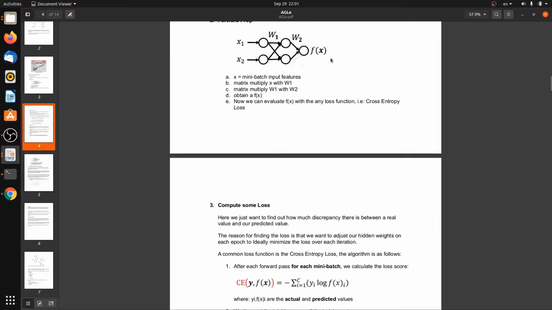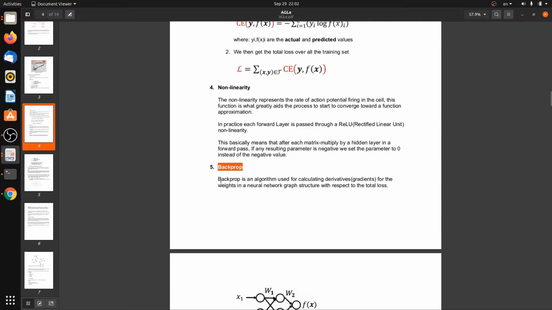So again, we calculated a loss, and then we're going to backprop, which we'll share how to do in a little while. We're going to backpropagate the loss, and then at each hidden layer, we're going to update the weights so that for the next iteration we have a better function approximation of the real value. So that's basically backpropping, okay?